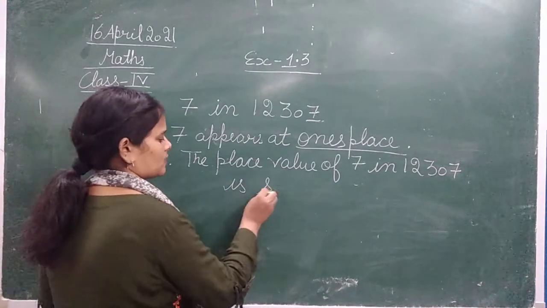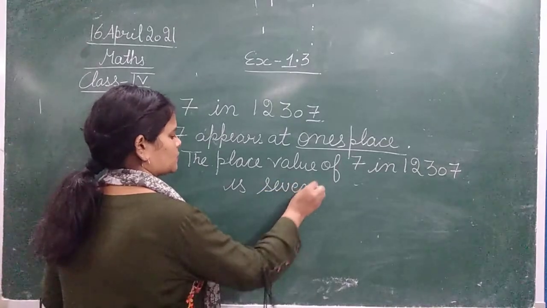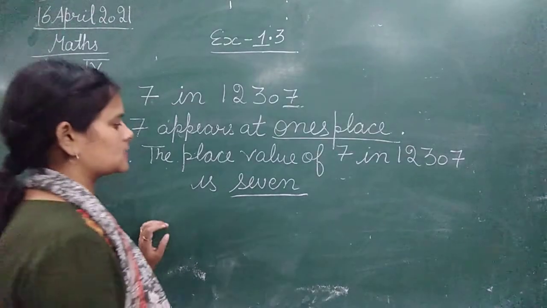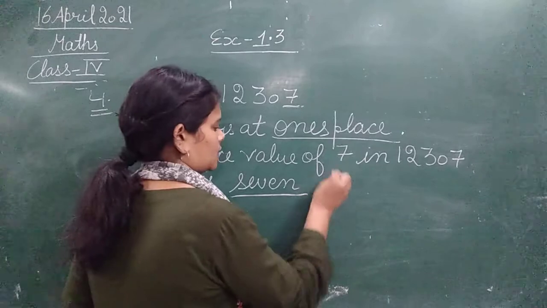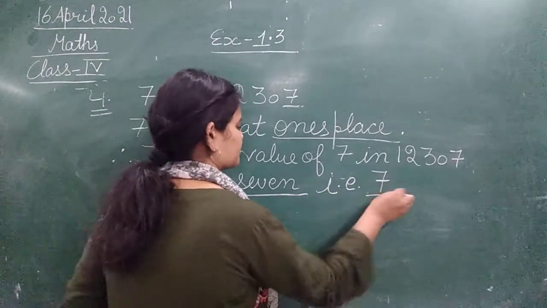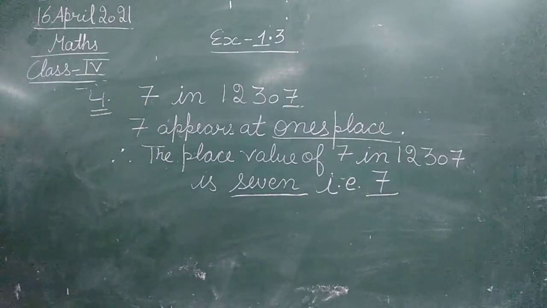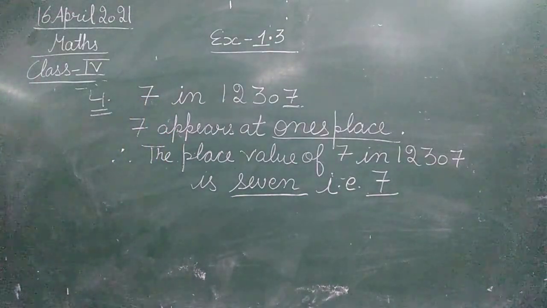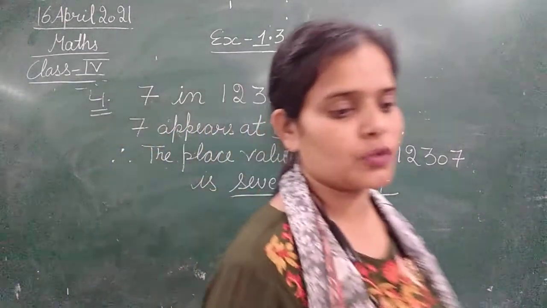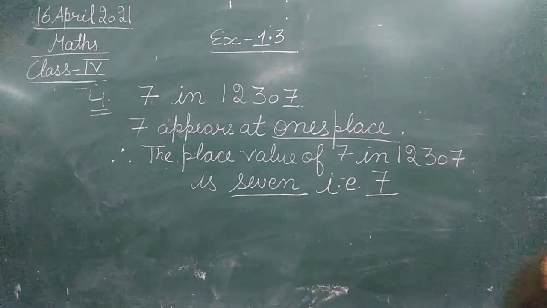It is not 100,000, that is 7. So this is how we will write down the place value. This is the solution of the fourth question from exercise 1.3.